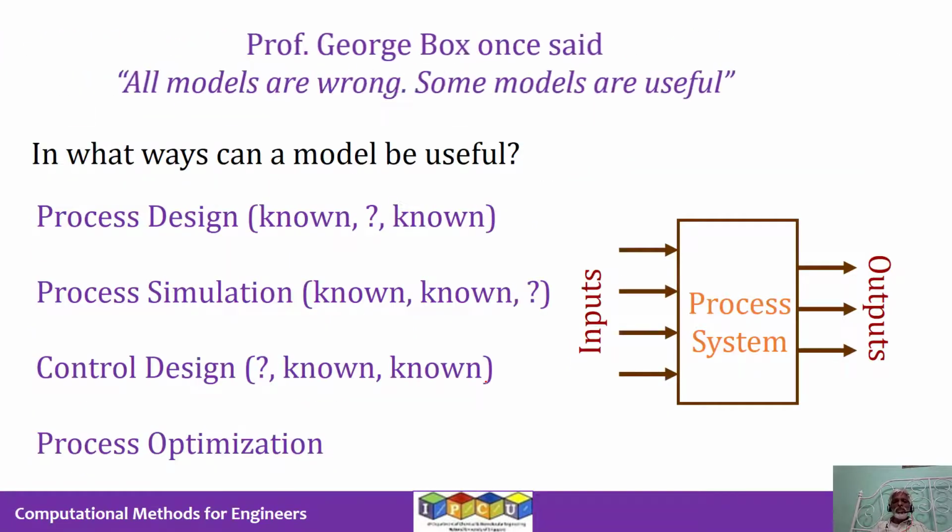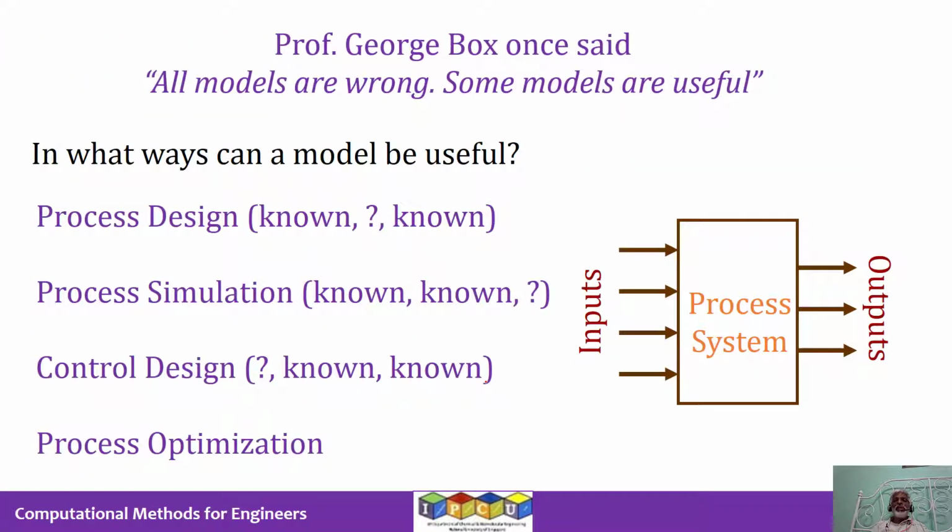Now the question is, in what ways can a model be useful, right? How can we make use of a model? That is the question we are trying to answer, and I alluded to this point earlier that all models are wrong and some models are useful. This is attributed to Professor George Box, who is a great chemical engineer, industrial statistician, who for many years worked at the University of Wisconsin as well, besides earlier stints in the industry in the UK and so on.